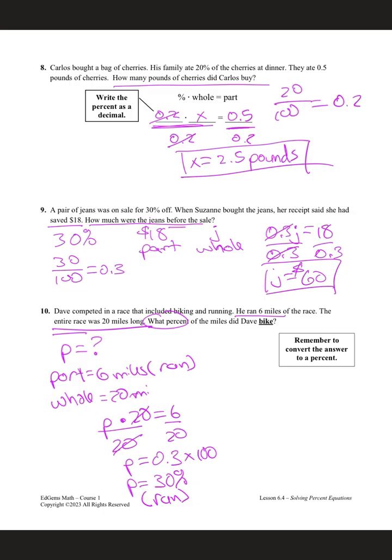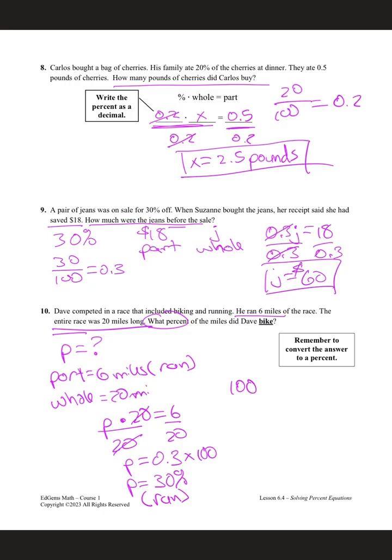What they want is the percent of the miles that Dave biked. So if he ran 30%, how would we find the percent that he biked? Well, what's the highest percent you can get on anything? 100. So 100%, okay, and if he ran it, would we add it or subtract it to 100? Remember, the highest percent you can get is 100.